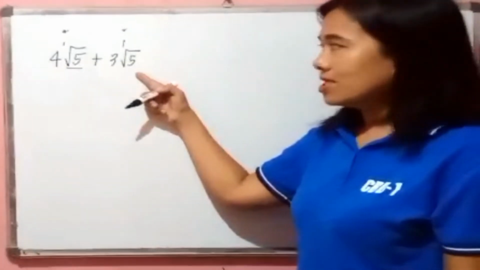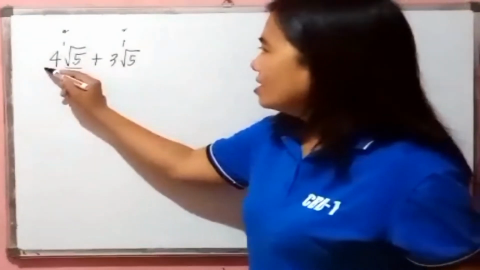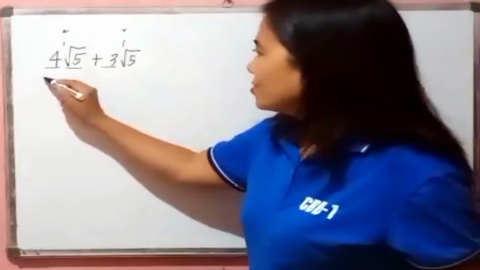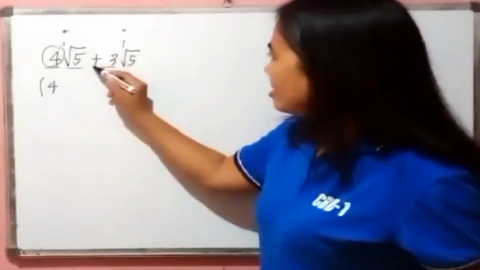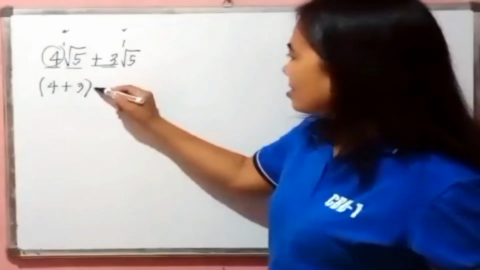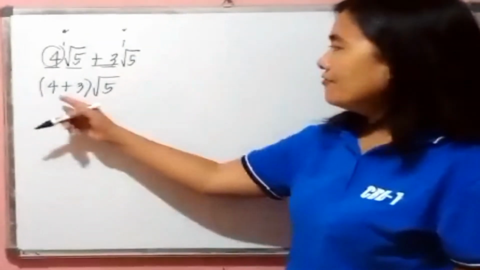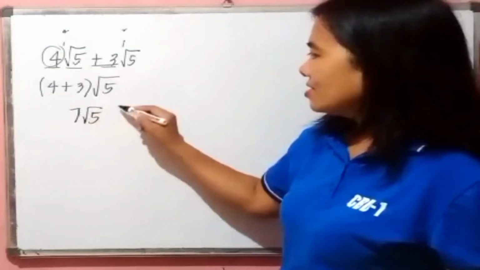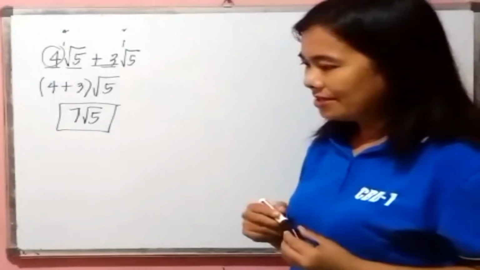So what we're going to do is group their coefficients, the numbers beside the radical part. 4 plus 3, then copy the common radical part. 4 plus 3 is 7. So the final answer is 7 square root of 5.